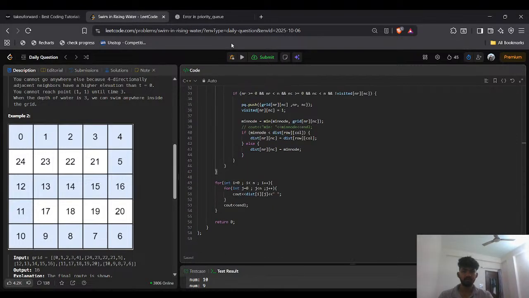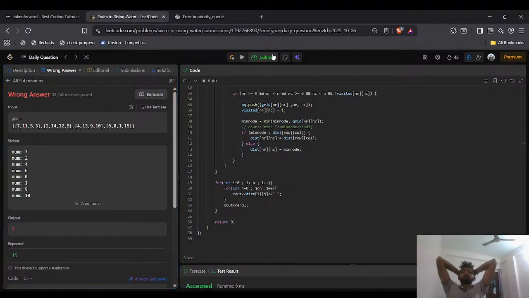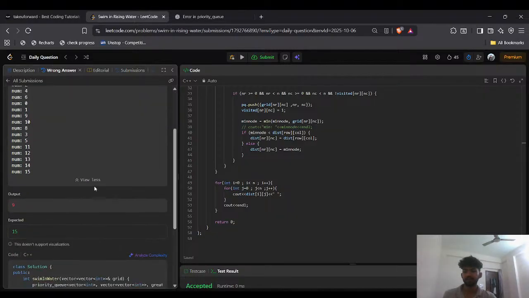So we can simply run it and it should be fine, I guess. It should be fine. And hopefully it runs. Oh man, come on. This will be an edge case, I guess. No way. What? That's why I didn't.